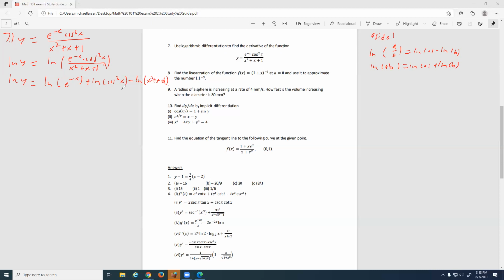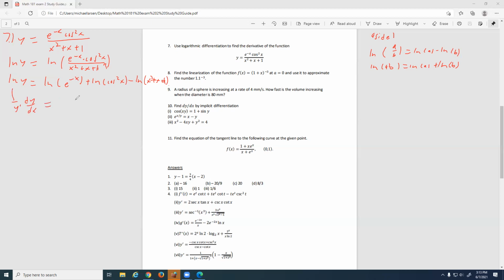Yeah. Cool. All right. So from here, what we can do is we'll just take the derivative. So we're going to differentiate each term doing implicit differentiation. First, we'll look at our left-hand side. The derivative of natural log y is going to be 1 over y times dy dx.